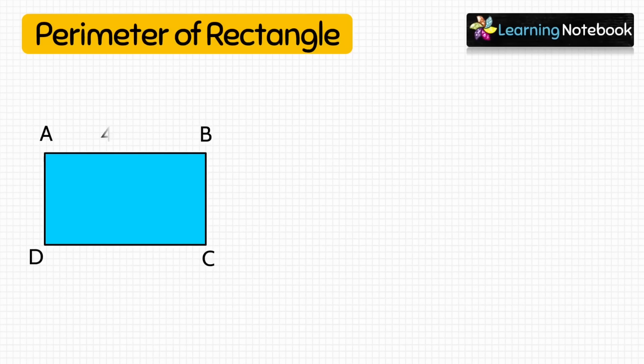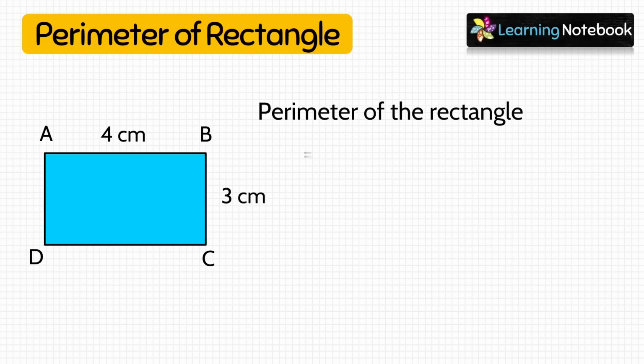Now, if we are given the length of this rectangle as 4 cm and breadth as 3 cm, how will we calculate its perimeter? As we just learned, perimeter of the rectangle equal to 2 into length plus breadth, where length equals 4 cm and breadth equals 3 cm.